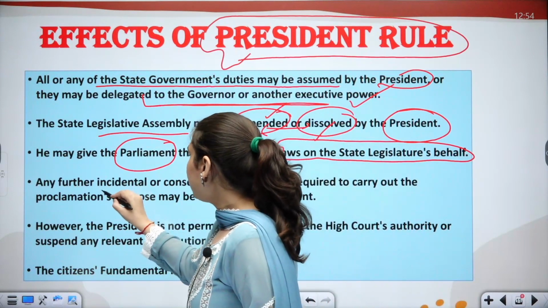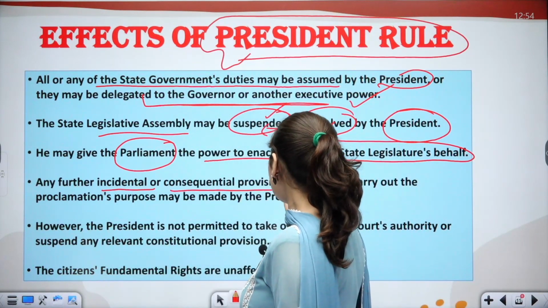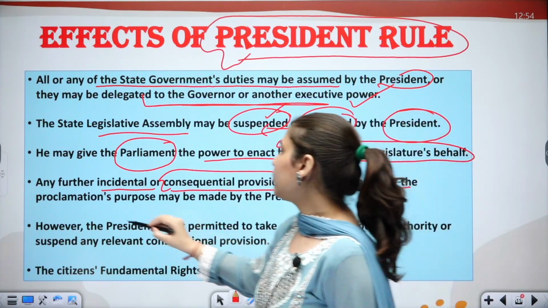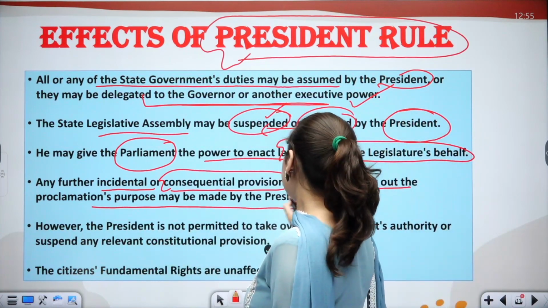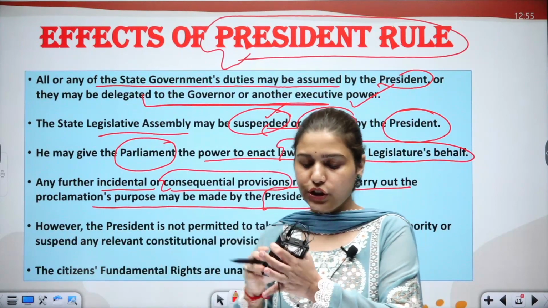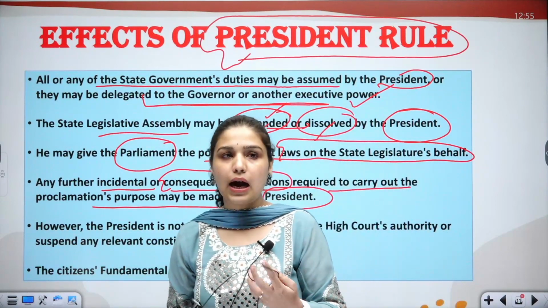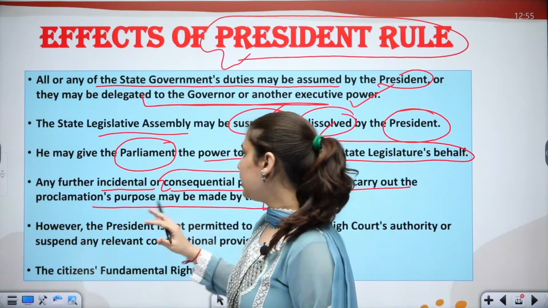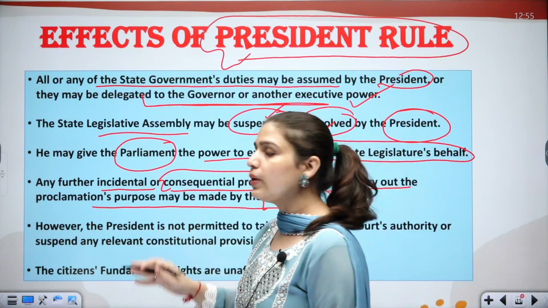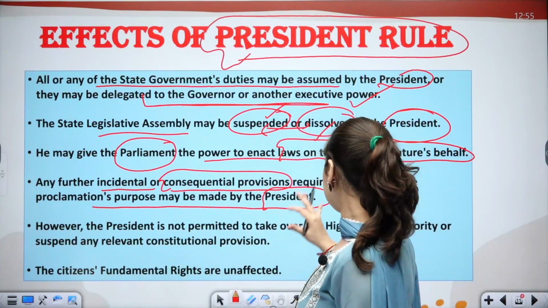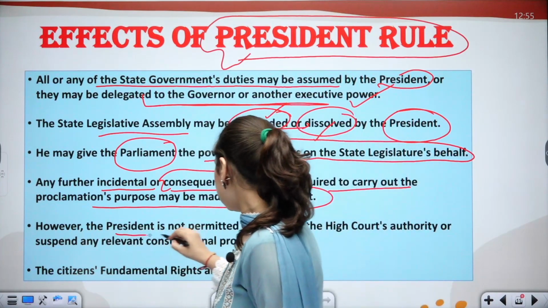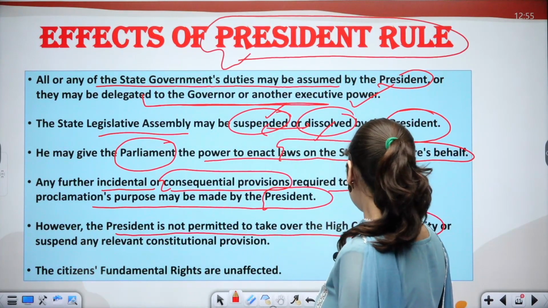Now, any further incidental or consequential provisions required to carry out the proclamation's purpose may be made by the president. So apart from all this, if the president thinks there are any other provisions which are required, then he can delegate those powers to any particular authority as seems necessary. Now the president is not permitted to take over the high courts.